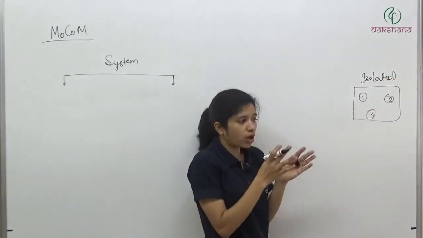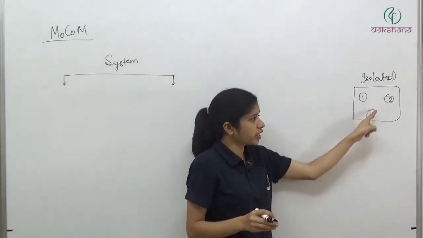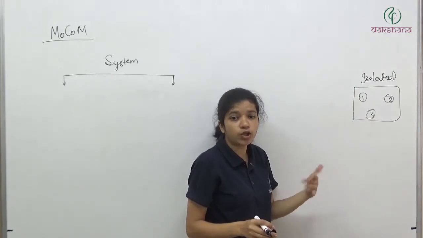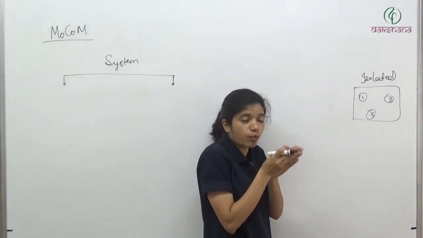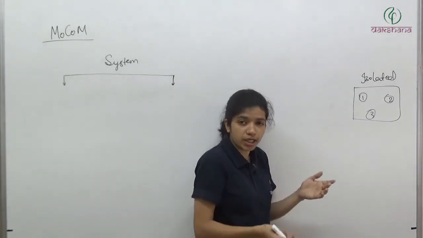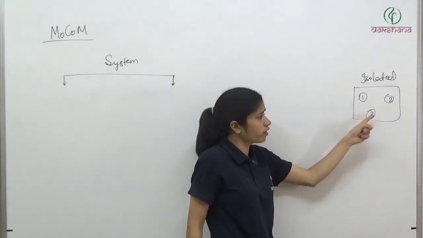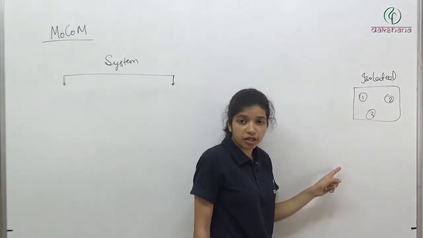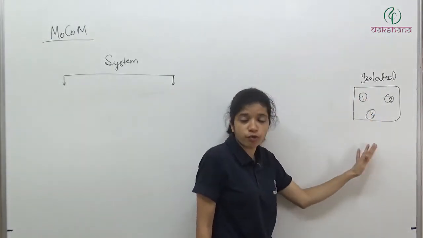So if you see from outside, all the forces are internal. It is applying on this. Similarly, this is applying on this. Like tension, like normal. When you take both particles in the system, then the normal force, tension force, it becomes internal. Similarly, let's say gravitational force, they are applying gravitational force on each other. So it will become an internal force. You are not applying any external force on this system.